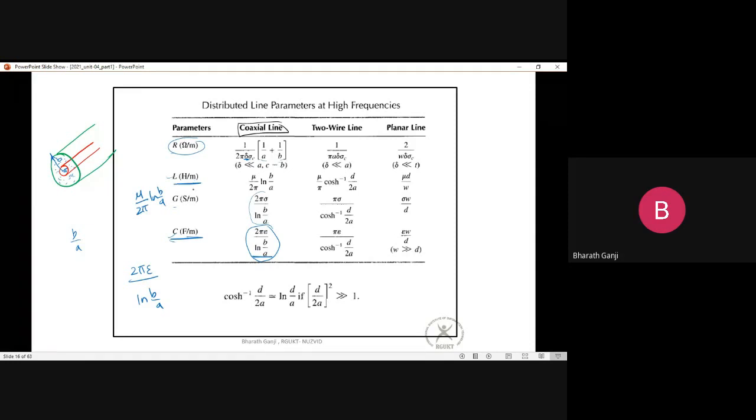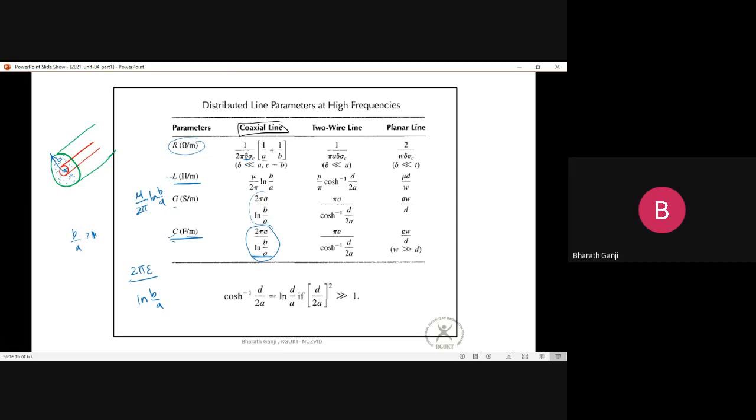In the same way, think about B by A being a large number, meaning B by A is greater than 1. At minimum it can be equal to 1, and then the two conductors close up.